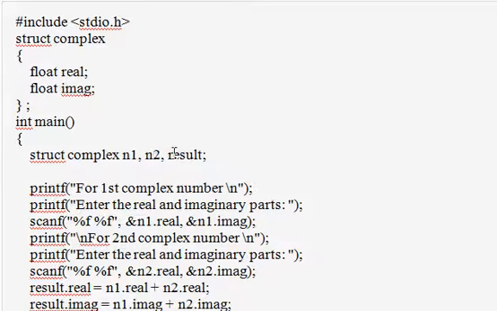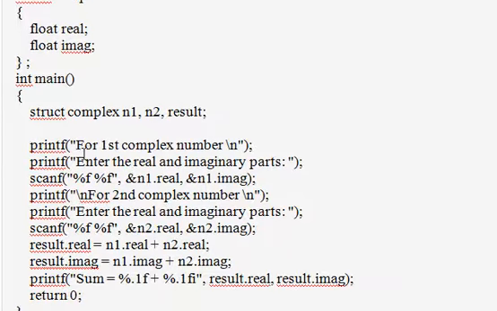Next, by using the printf function I am asking to enter the first complex number. Then we have to enter the real part and imaginary part of the first complex number. These are two values, both of float data type, so in the scanf function we use %f. The first part will be stored in n1 dot real, since n1 is the first complex number and the first part is the real part.